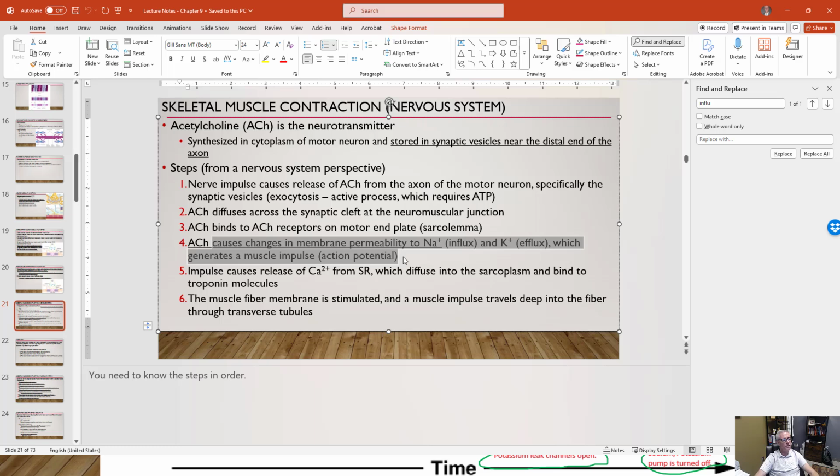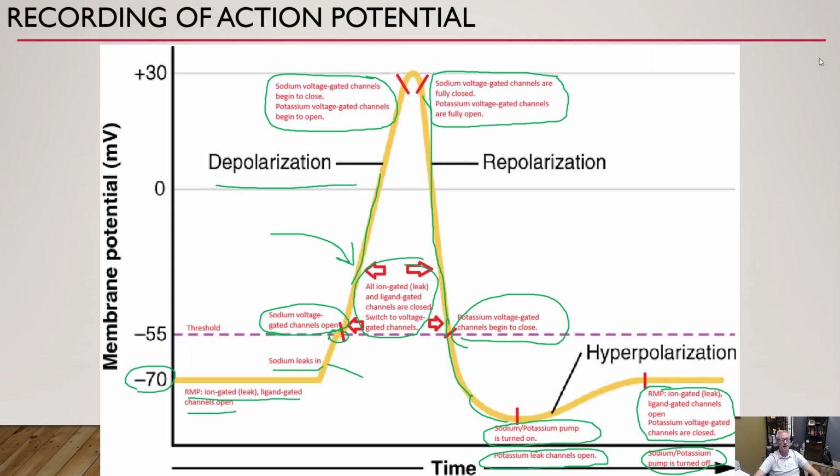So acetylcholine causes changes in membrane permeability to sodium rushing into the cell and potassium rushing out of the cell, which generates that muscle impulse or action potential. That's what that means.